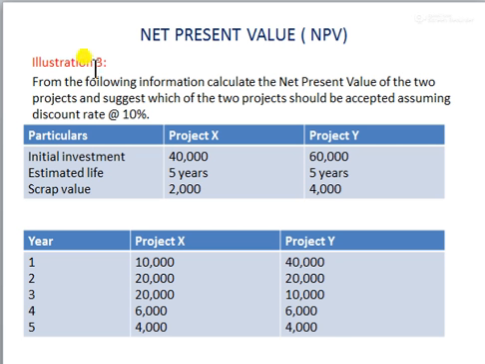Next, coming to third problem. From the following information, calculate net present value of the two projects and suggest which of the two projects should be accepted, assuming discount rate at 10%.